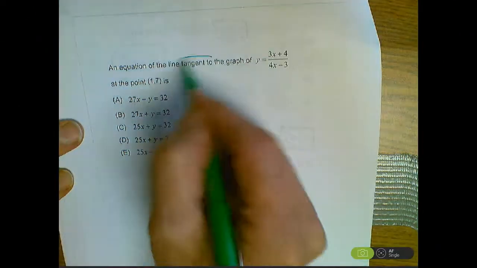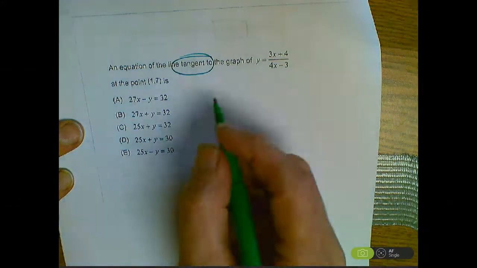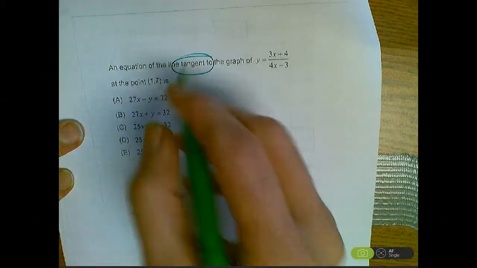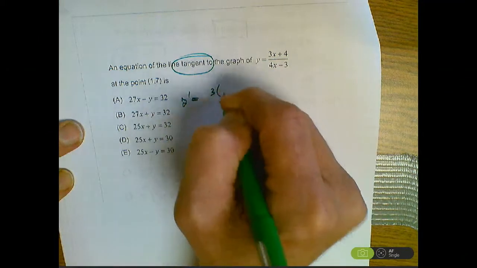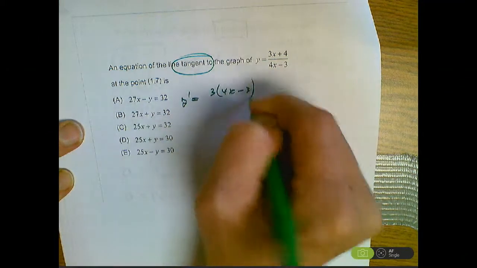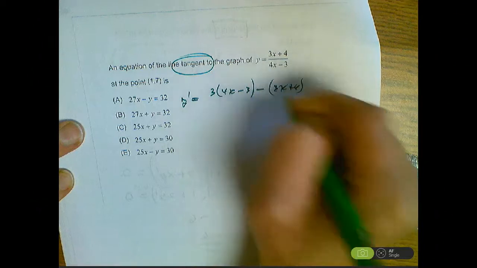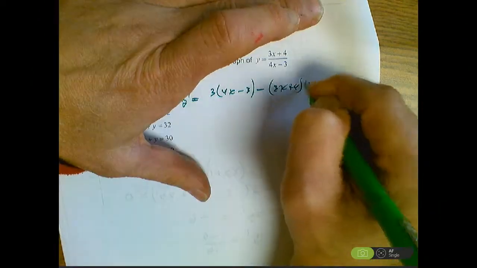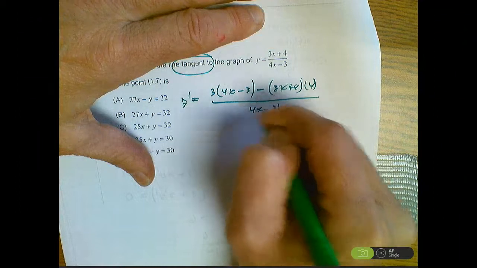Equation of the line tangent at 1, 7. Let's find the slope of that tangent line. So y prime is equal to the derivative of the top times the bottom minus the top times the derivative of the bottom, over the bottom squared.